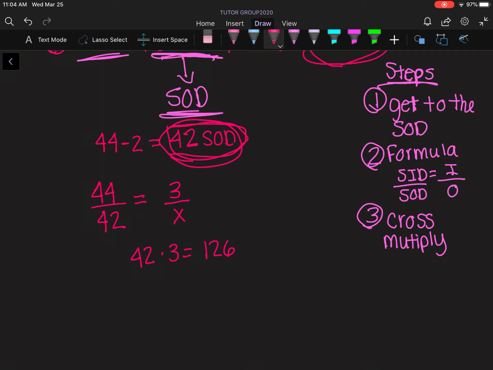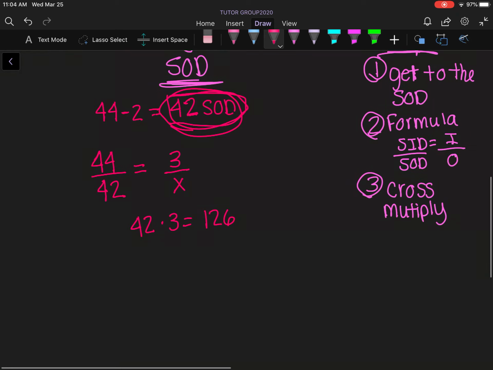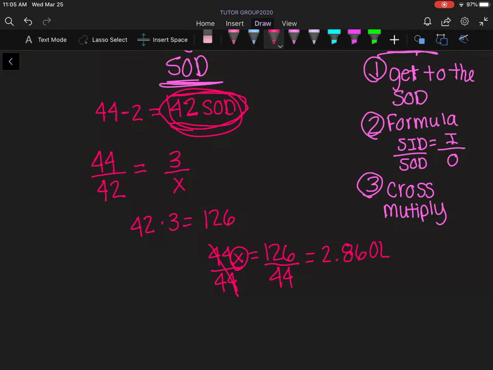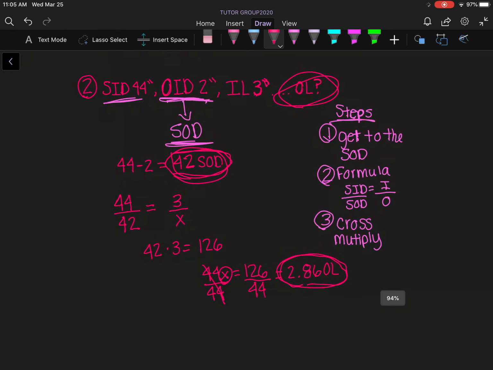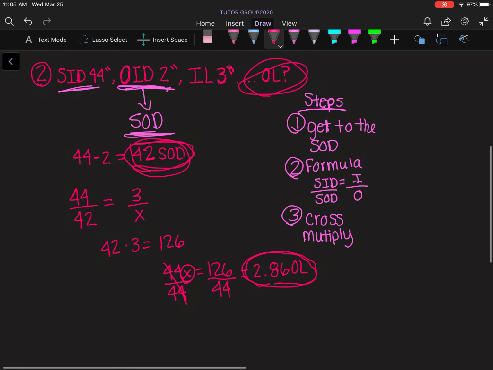And remember, we have to divide by 44 so we get X on this side. So we have 44X equals 126. Whatever we do to one side, we have to do to the other because we need to get the X on its own. So we mark that out, and then 126 divided by 44 comes out to be 2.86. Object length, that is our answer. I'm going to get out of here and let you see the whole problem.